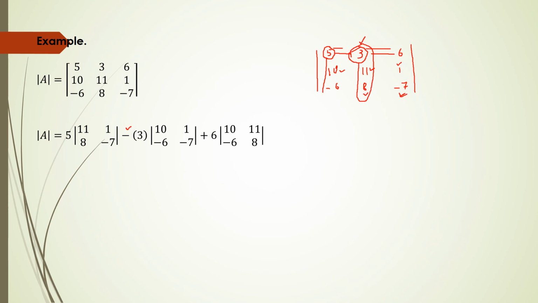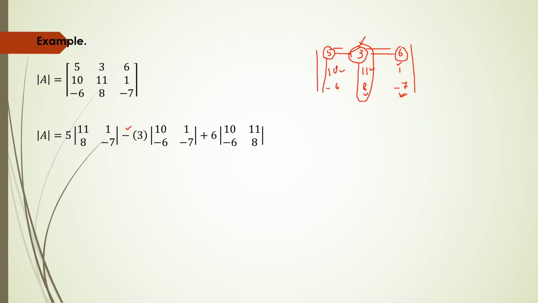So I wrote down here 10, 1, minus 6 and minus 7. Now the third element we have is 6. Before writing it down, the notation will be plus.